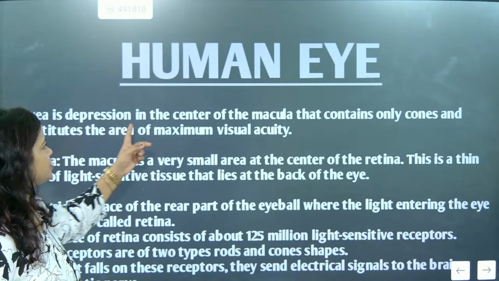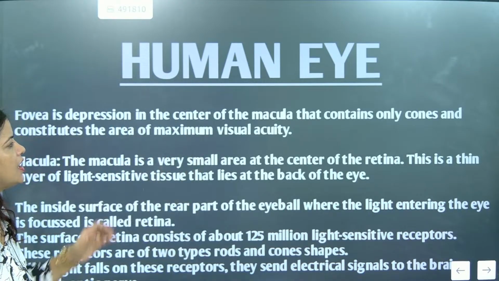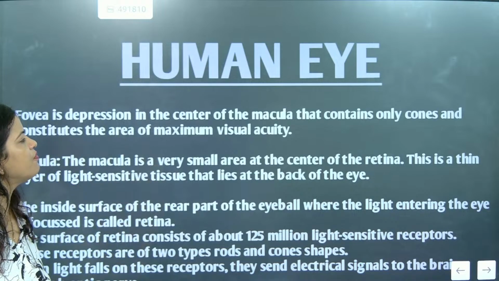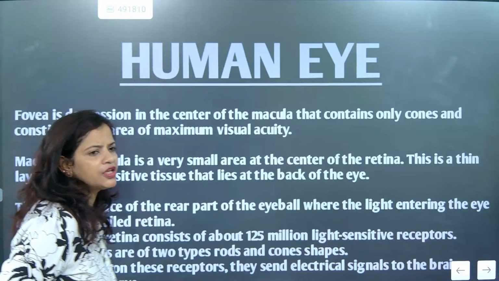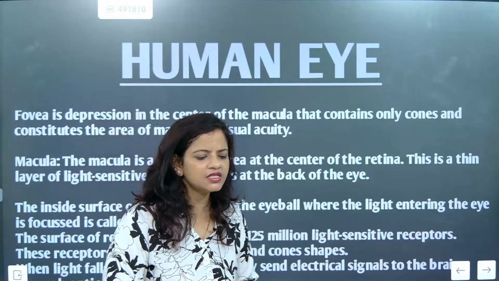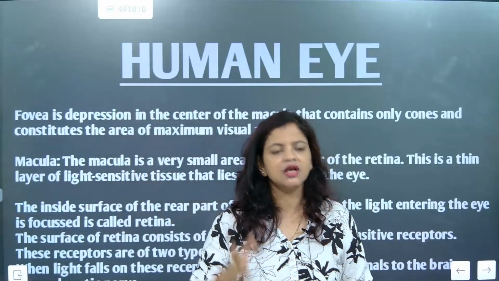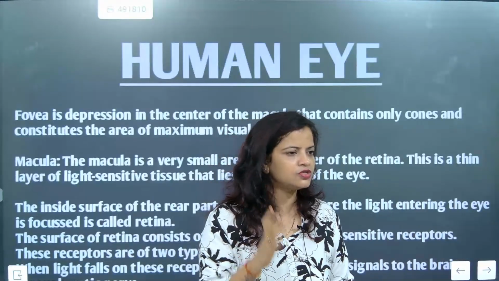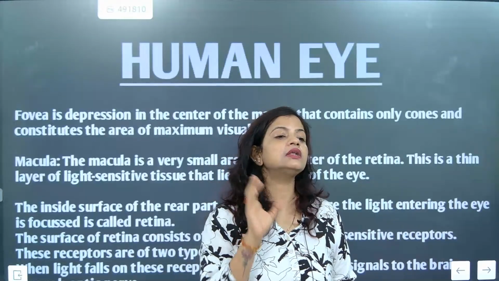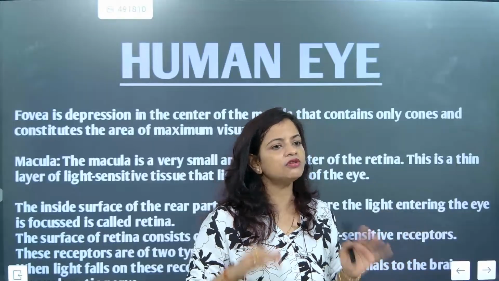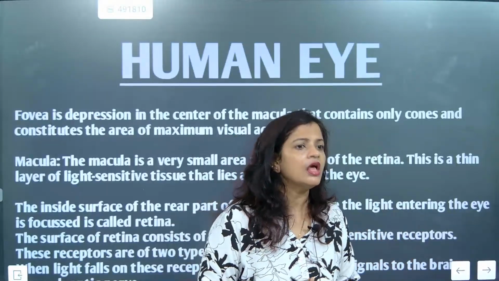It is a depression in the center of the macula that contains only cones and constitutes the area of maximum visual activity. So you need to understand the yellow spot we have discussed. In that yellow spot, you will see a slight depression. Color is one of the most important achievements a human eye or some mammals have.